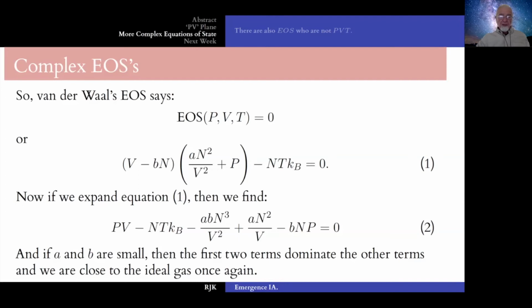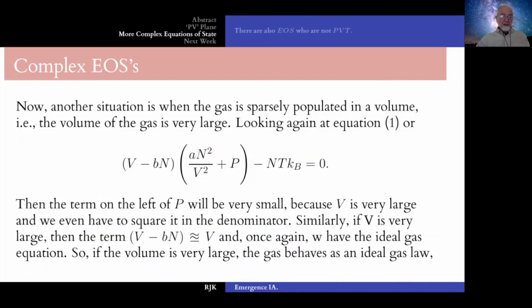We have another three terms, which are all multiplied by these constants A and B. So if for a particular gas, A and B are small, then those terms can be ignored and you get back the ideal gas law. But if they're not, then you can still take a look and understand some other insights into what's going on.